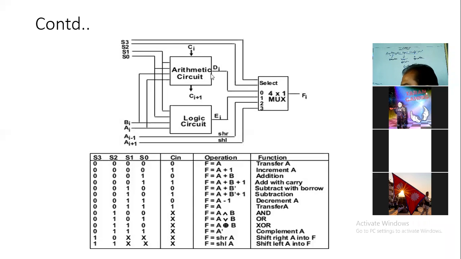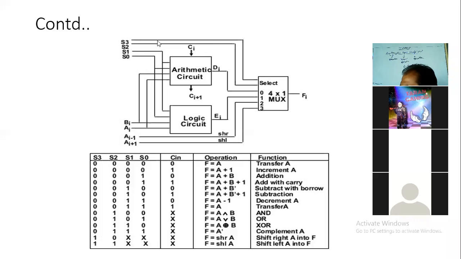Here we have 4 inputs: one is DI, second is EI, third SHR, fourth SHL, numbered 0, 1, 2, 3. These are the inputs and one output FI. Firstly, you will see the selection variables S2 and S3.